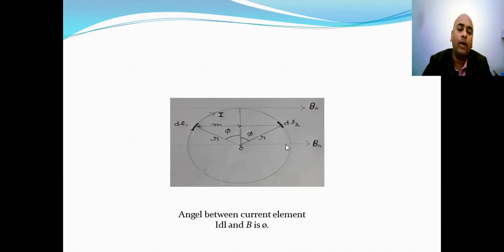For any other locations in between, the angle between the parallel component of magnetic field and the small element dl1 or dl2 can be obtained from the trigonometric relations in the drawing, and it can be found that the angle between the current element and the parallel component of magnetic field at any location is phi.